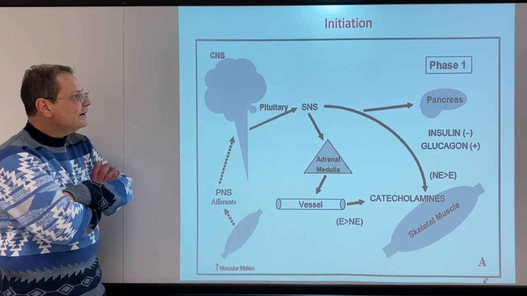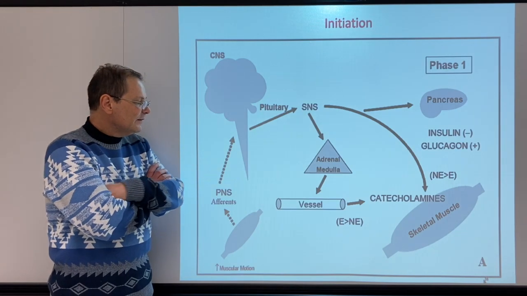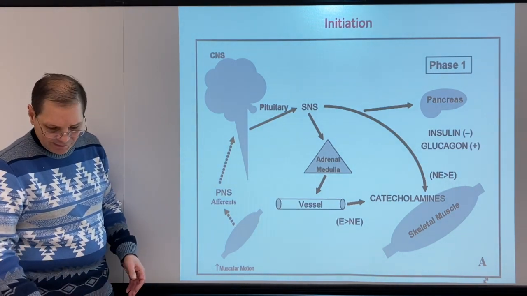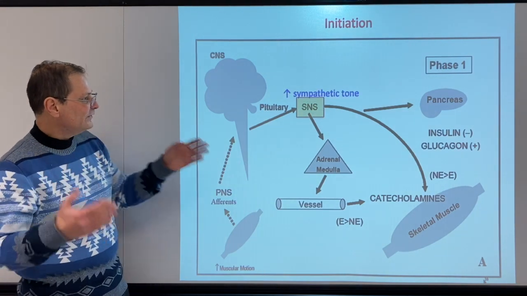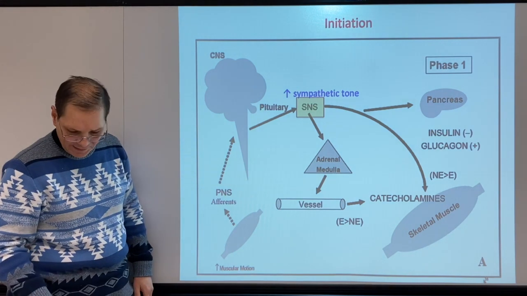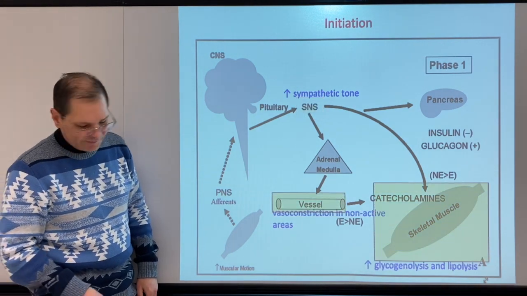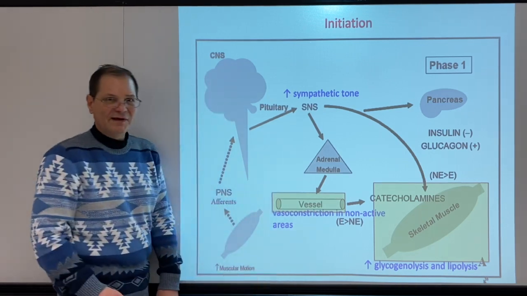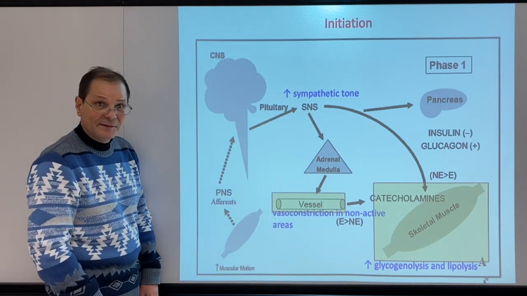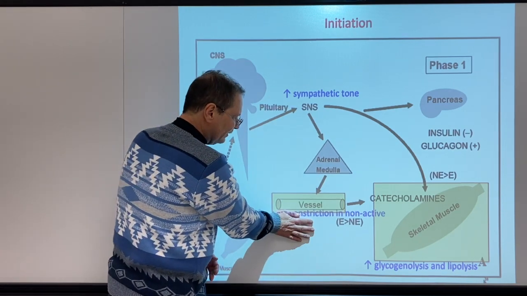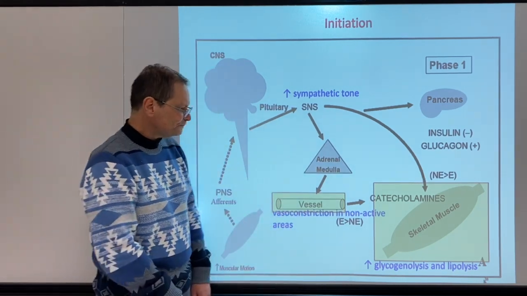So if we look at how this process of exercise develops, the first thing that you see when you start to exercise is an increase in sympathetic tone. I think you guys know that. And that is going to cause an increase in catecholamines, which are going to have all the cardiovascular effects that you would expect: increased heart rate, increased cardiac output, vasoconstriction in non-active areas.